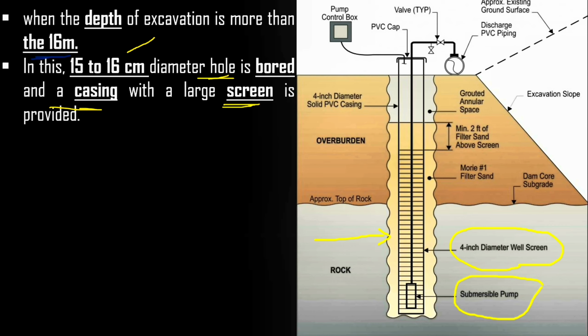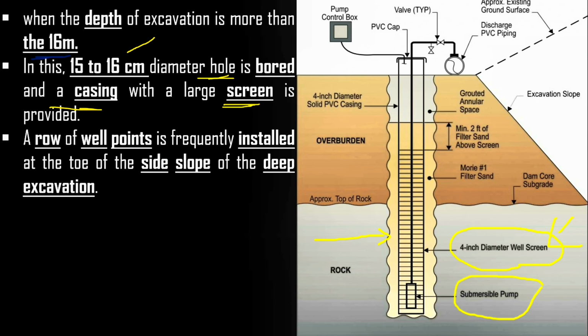When the submersible pump starts to work, it collects all types of debris like clay, dust particles, soil particles, and if they are collected, it damages the pump as well as the dewatering process. To withstand that condition, I use the screening process.